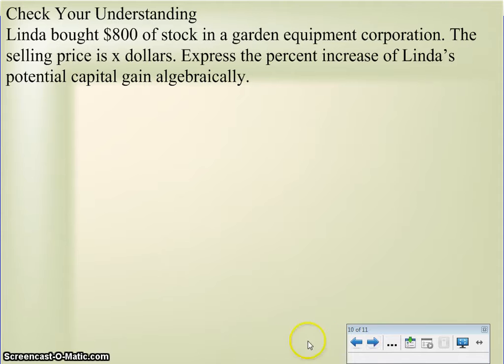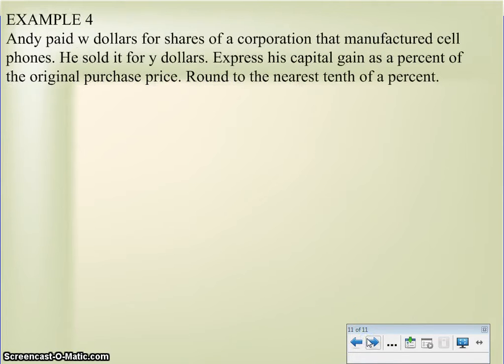All right, next one, Andy, and it looks like I've got these in the wrong order, but we'll fix that. Andy paid W dollars for shares in a corporation that manufactured cell phones. He sold it for Y dollars. Express his capital gain as a percent of the original price.